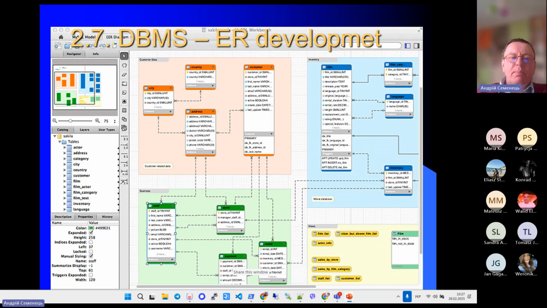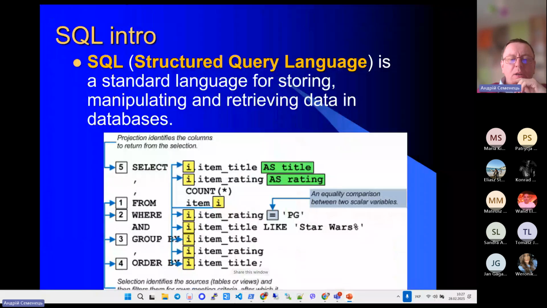In this case, it's MySQL. And the programming language that has to be used to manage a relational database is SQL, structured query language.